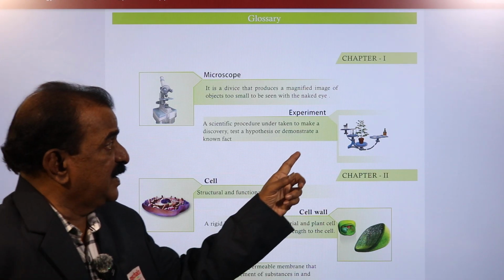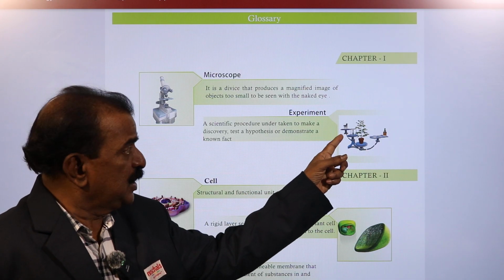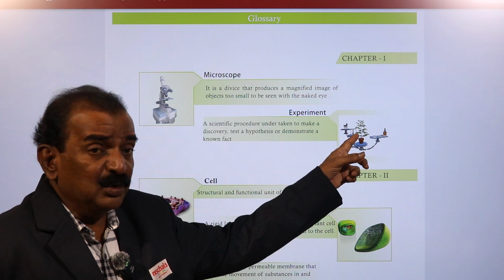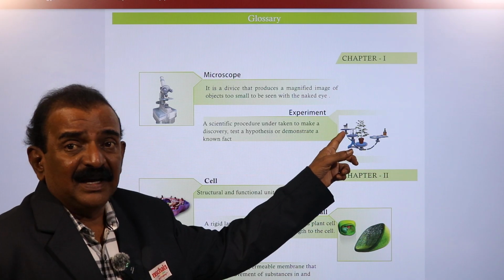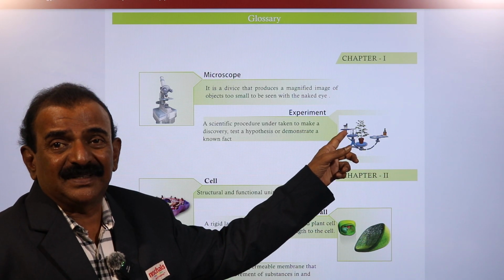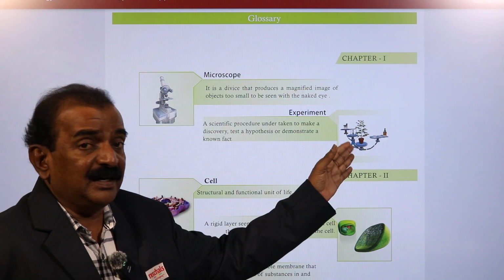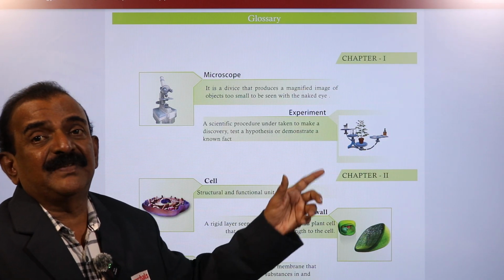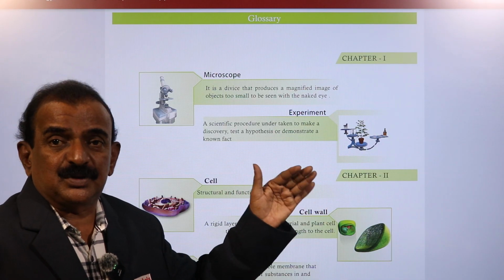Here you observe a small plant with leaves, a test tube containing methyl spirit, and a beaker. We need to boil the test tube containing a leaf that was well exposed to sunlight.